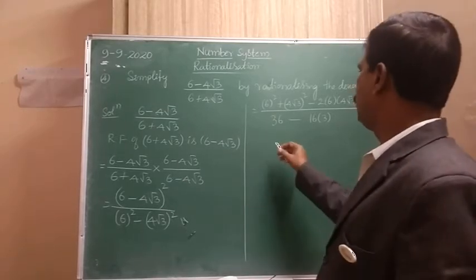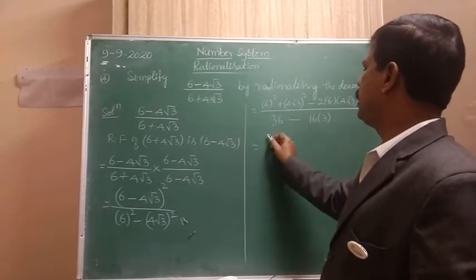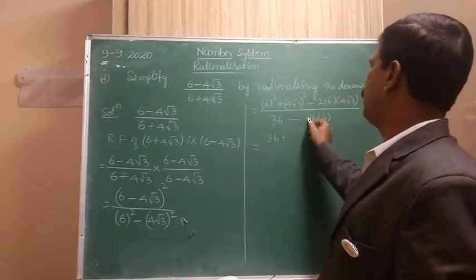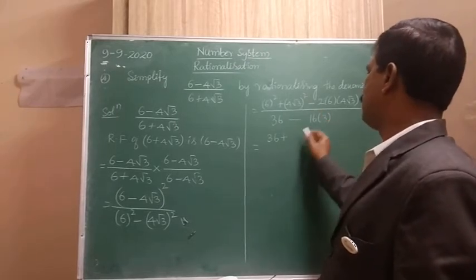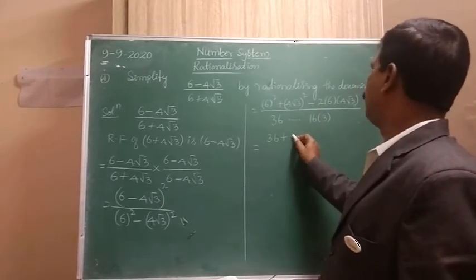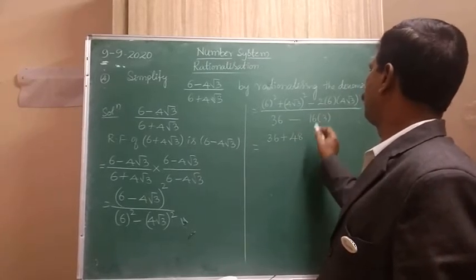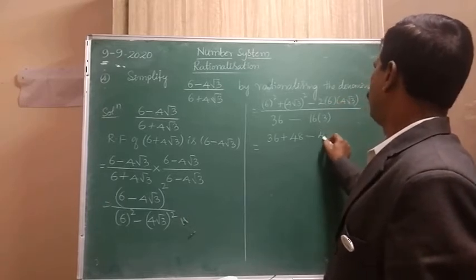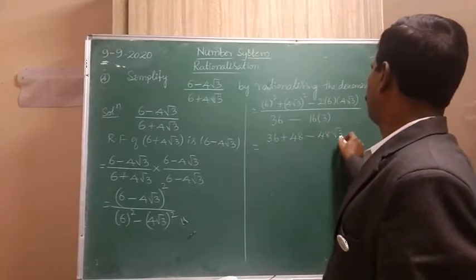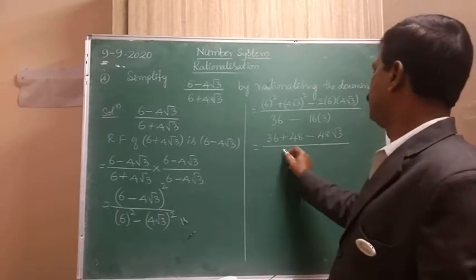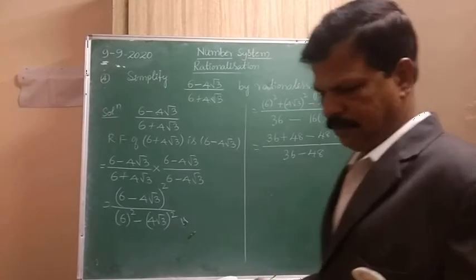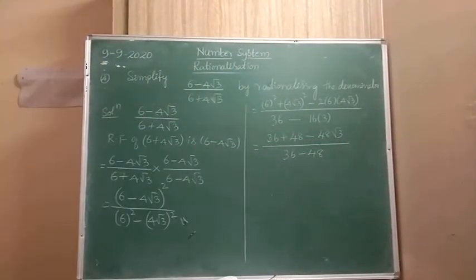Clear? Now 6 square is 36 plus 4 square is 16, root 3 whole square is 3, 16 threes are 48, minus 2 sixes are 12, 12 fours are 48 root 3, whole divided by 36 minus 48. Look at how I simplified that.